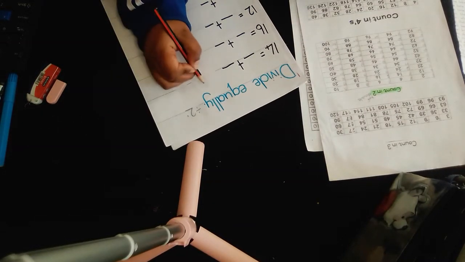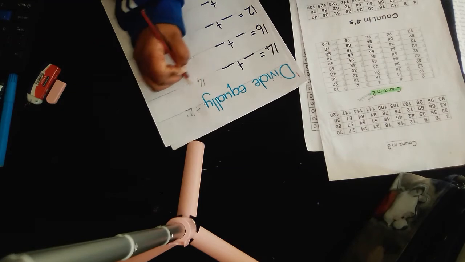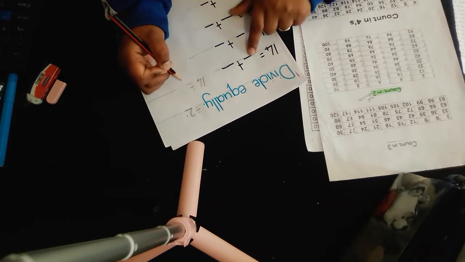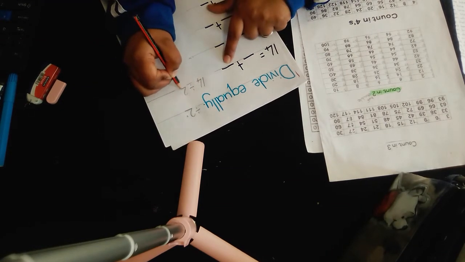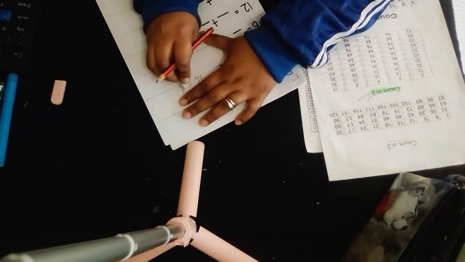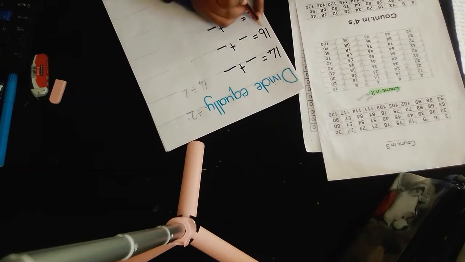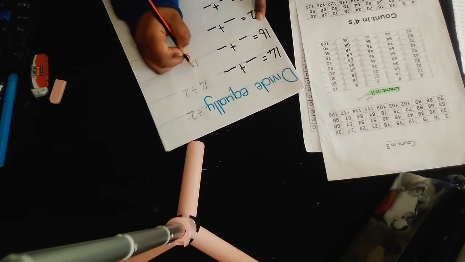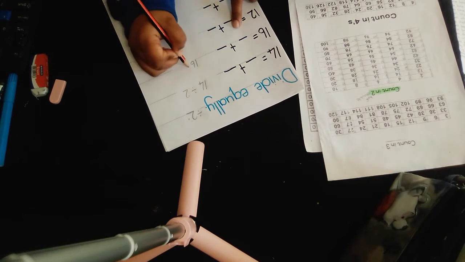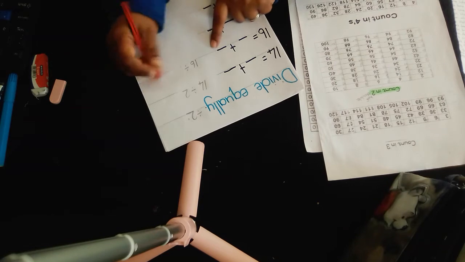So that will be 14 divided by 2. Just take out that. Here we go. 16 divided by 2.